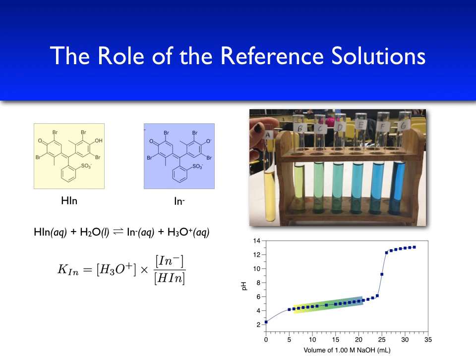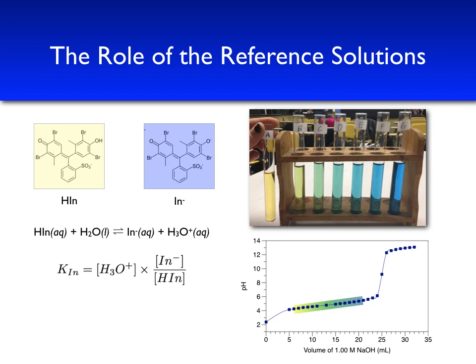You can see in the picture that 7 reference solutions will be prepared, ranging from having no acetate, which is solution A, to having no acetic acid, which is solution G, and everything in between.